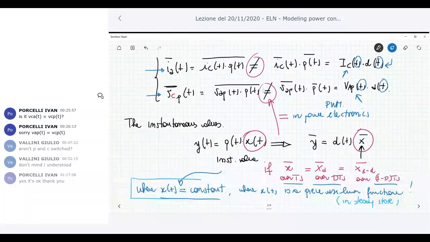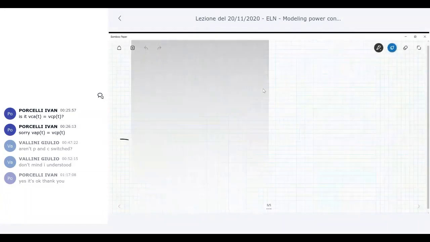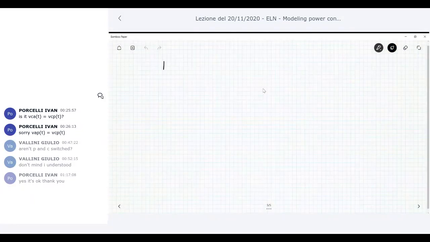So even though these change with the time, these relationships are now time invariant, okay? Because I averaged it. This average makes the circuit, which originally is time variant, into a time invariant one. But these equations are nonlinear, okay? Because you have the product of two variables that depend on time. So we can rewrite these two equations. Let me put the capital letter to indicate the average.